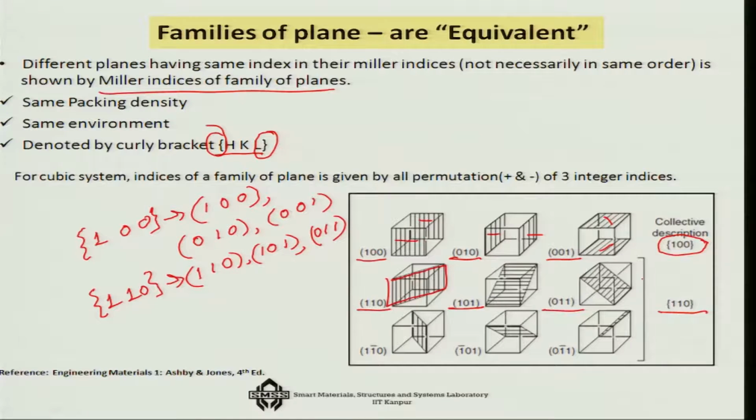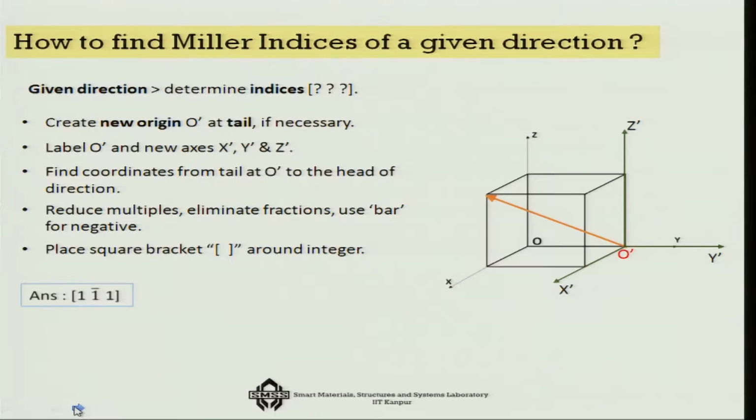Those are the 3 planes that we have shown. Similarly, in the negative direction we do the same thing and get another family of planes. So, that is how families of planes are defined with the help of curly brackets.